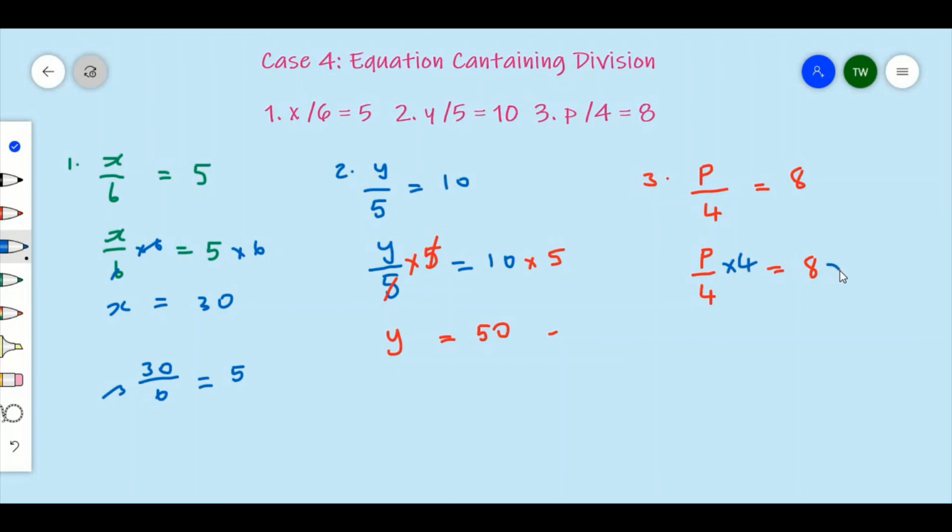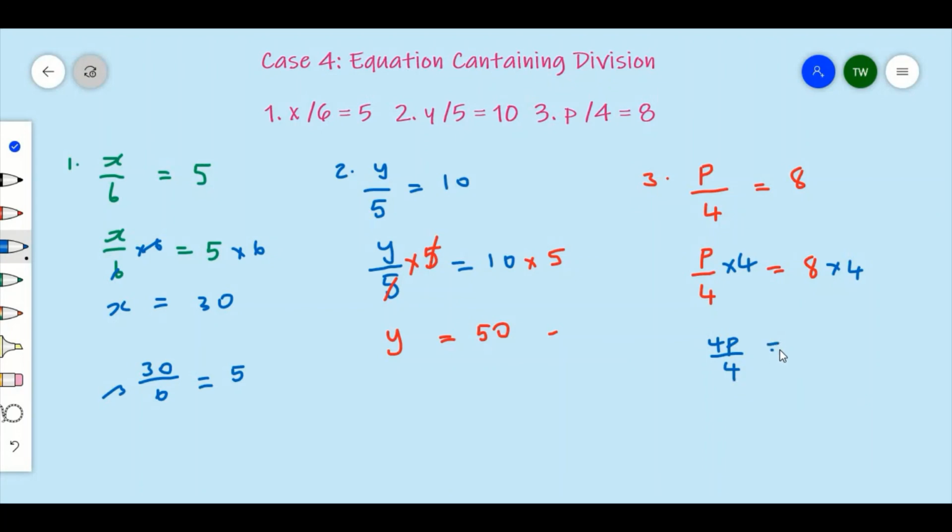And also multiply this side by 4. And p times 4, that's going to give us 4p over 4.